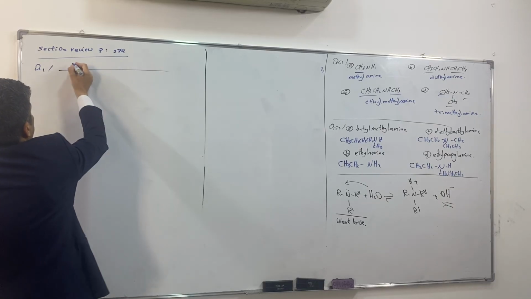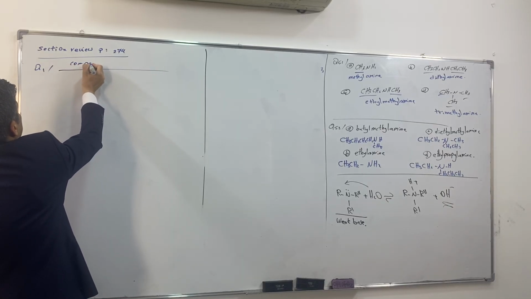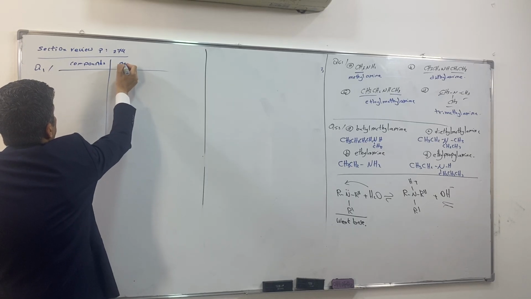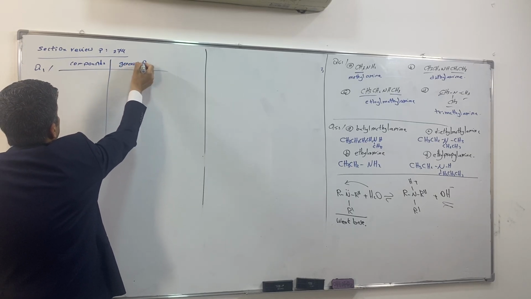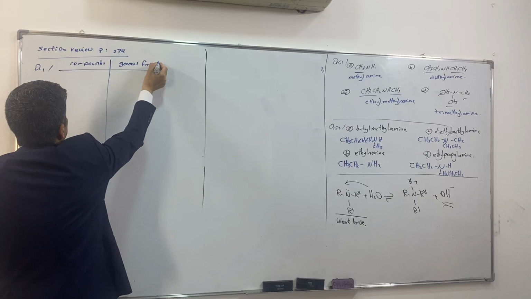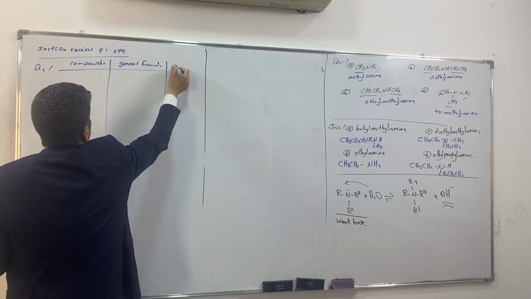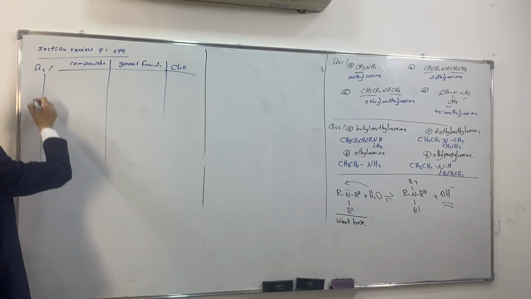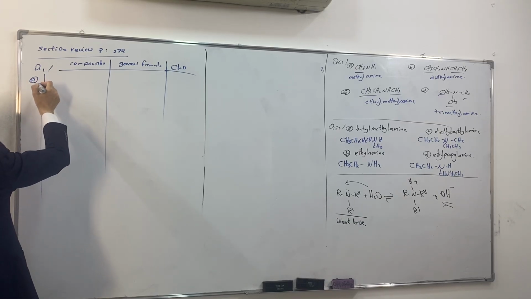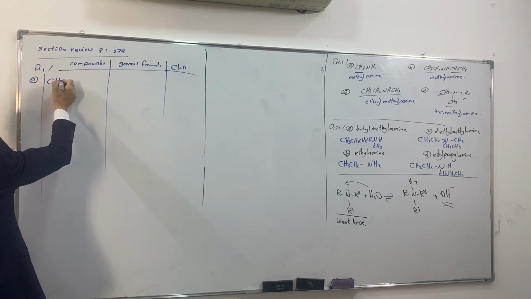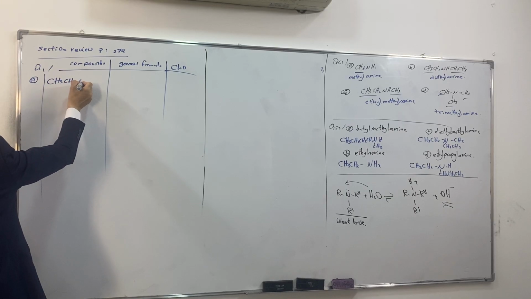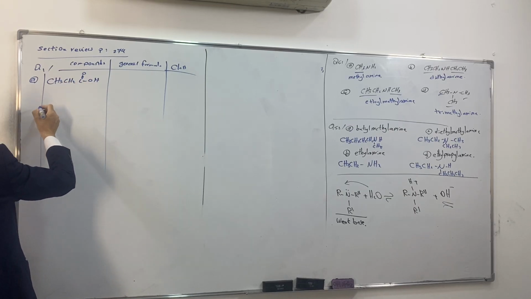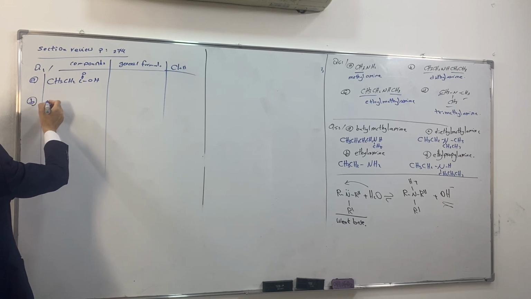We have some compounds here, a general formula, and its class. The first one we have this compound. The second one we have this compound.